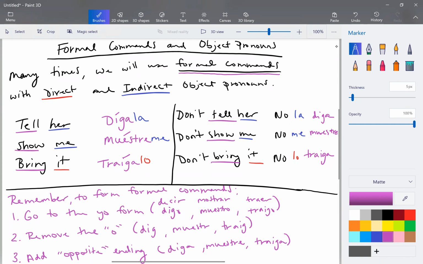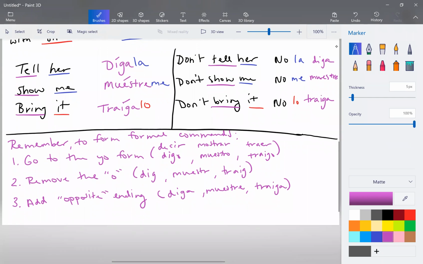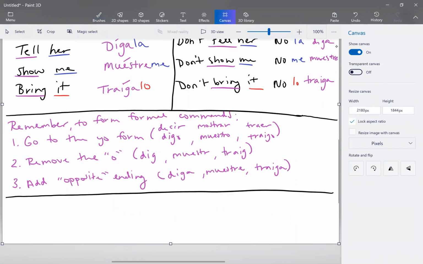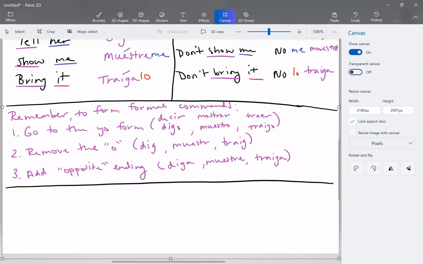Yep, that's absolutely it. So we had to move the pronoun before the verb. And that's actually a rule. Before, when we had a little bit of flexibility about where we could put our pronouns, now we don't. With commands, we do not.